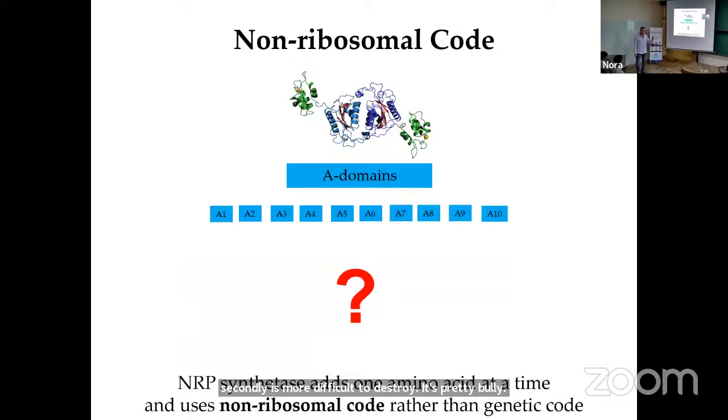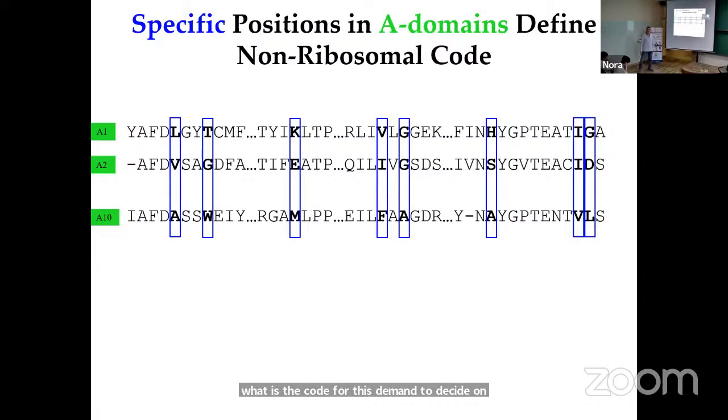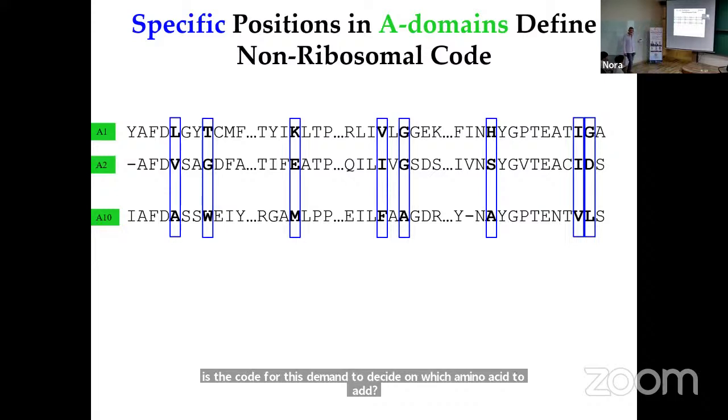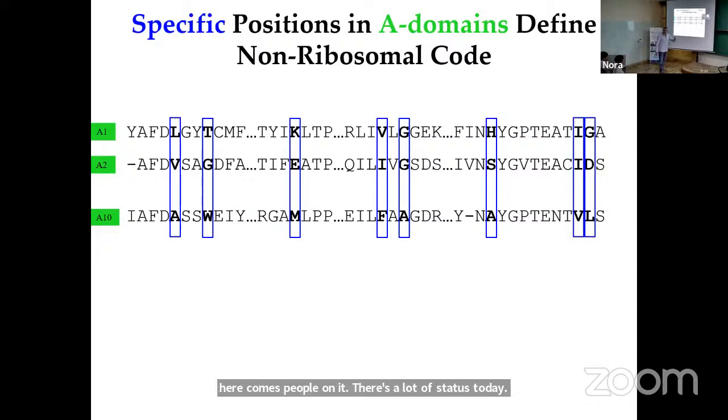So how is it done? What is the code for this domain to decide which amino acid to add? Here comes deep learning. There are a lot of studies today on this. I'm presenting you a very simplified picture. In every A domain, there are 7 positions, if you align them correctly.